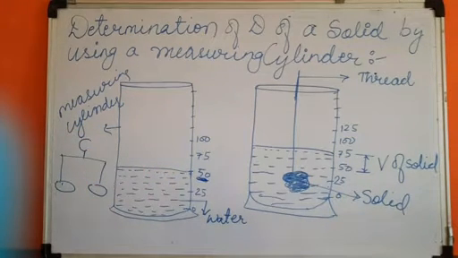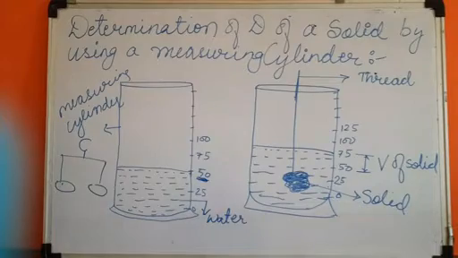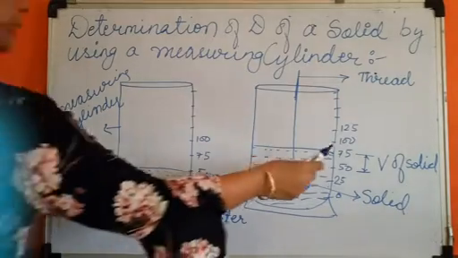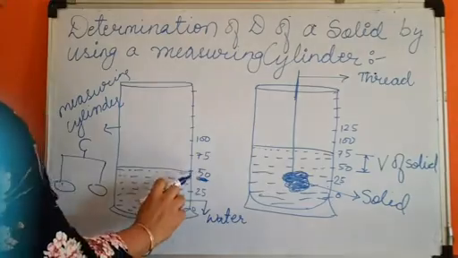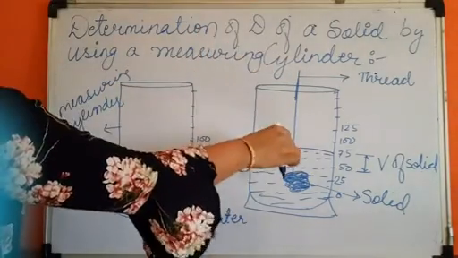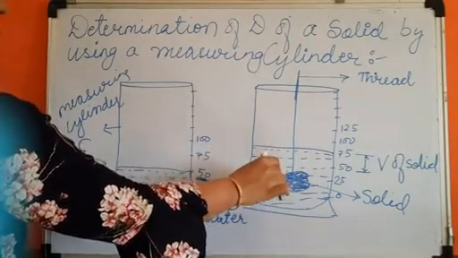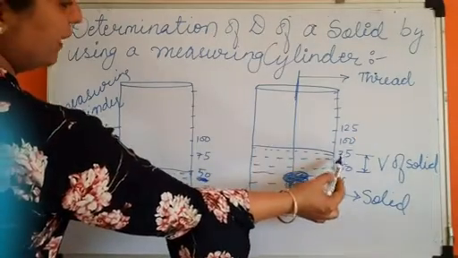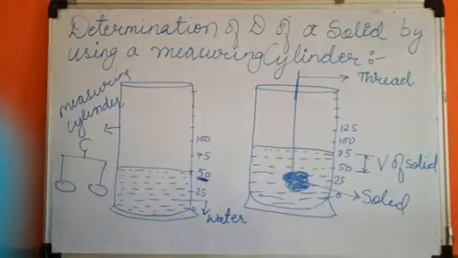Now we have to record the new level of the water. What is the new level of the water? Initially it was 50. After immersing that solid in this water, the new reading is 75 centimeter cube.